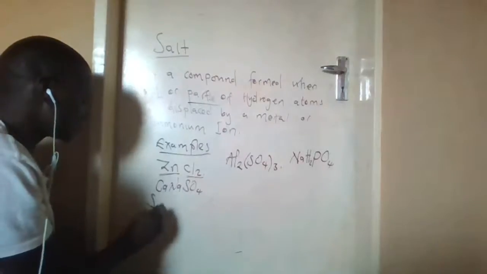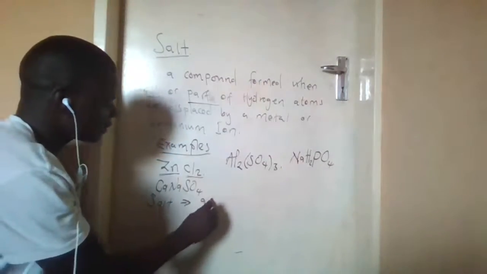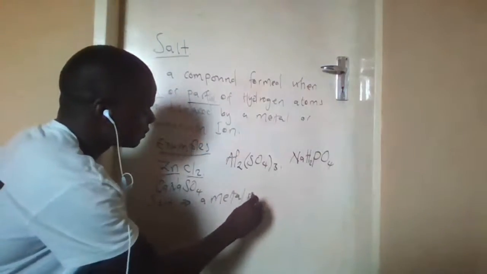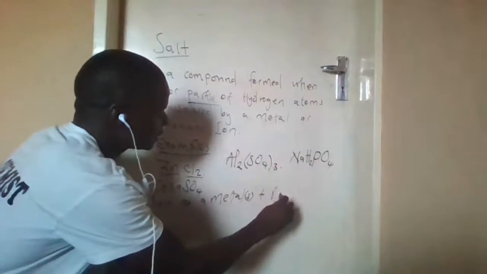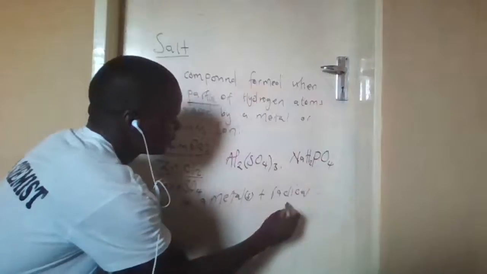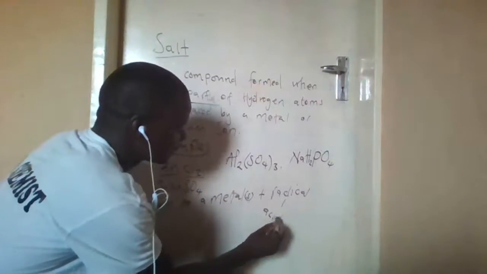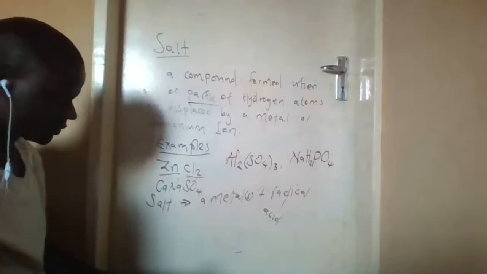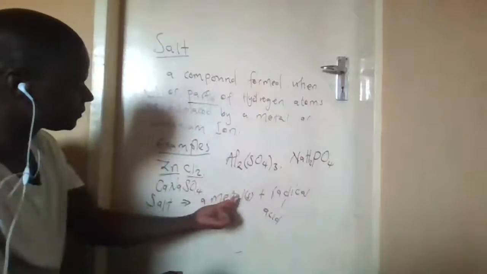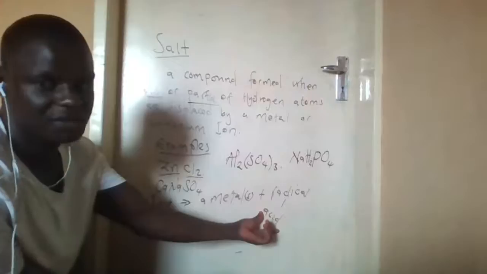So a salt should have a metal or metals plus a radical, and this radical is supposed to come from an acid. That is all you need to know.